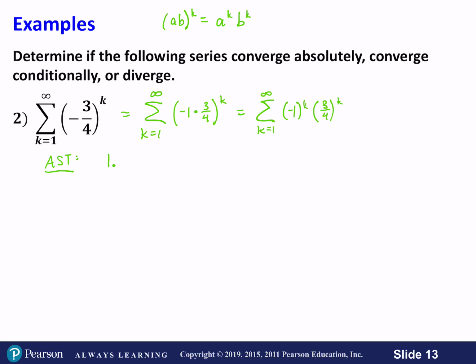The first thing we have to check, so we're going to define a_k in this case to be (3/4)^k, is if it is non-increasing.